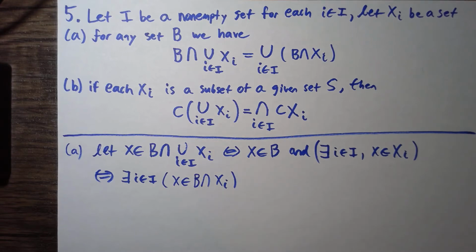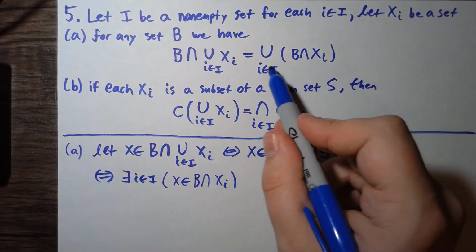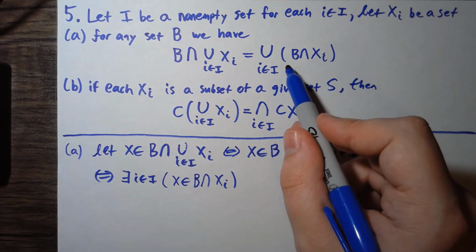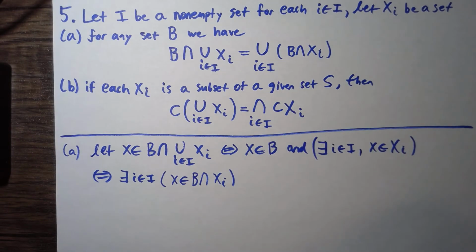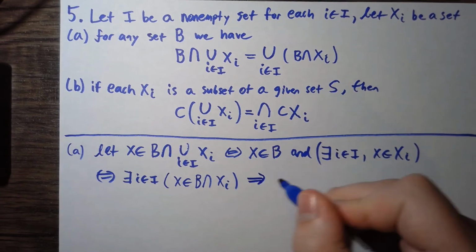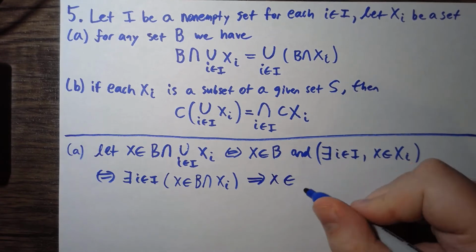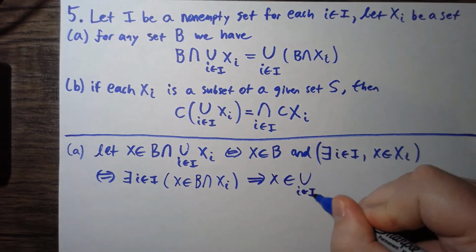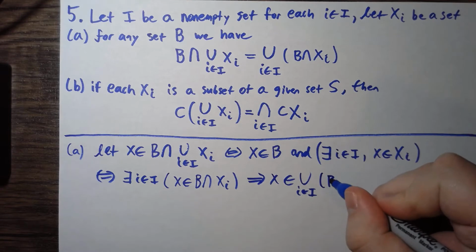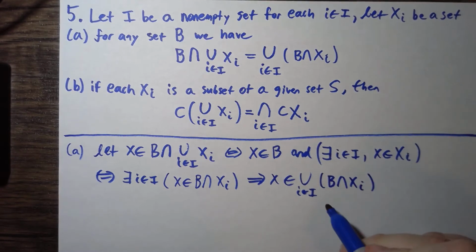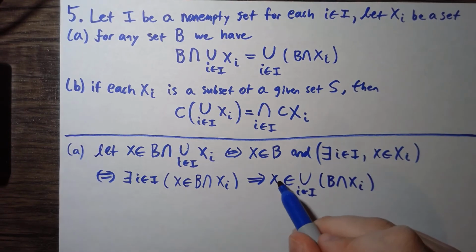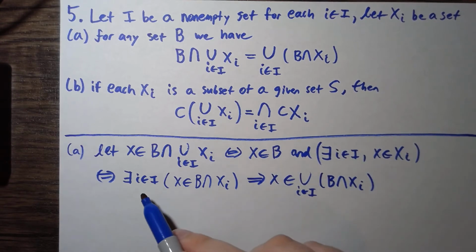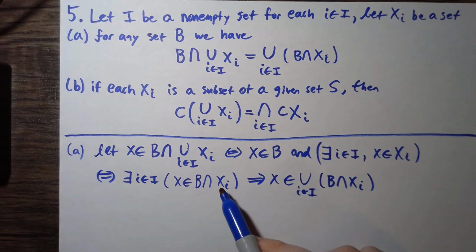And this implies that x will be in the union over all i in I of B intersect x sub i, namely because it's in one of them, because there exists an i where x is in here.